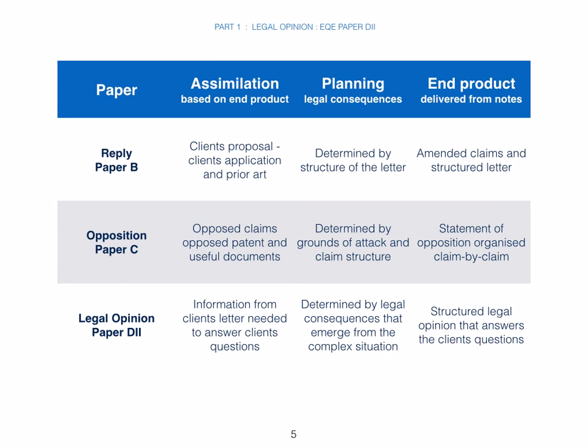So there is a definite way that you should organize your opposition paper C to get to a good result. For the legal opinion paper D2, it's a little bit more difficult. The end product is going to be a structured legal opinion that answers the client's questions, and to get there you have to intake the information from the client's letter that is needed to answer those questions.